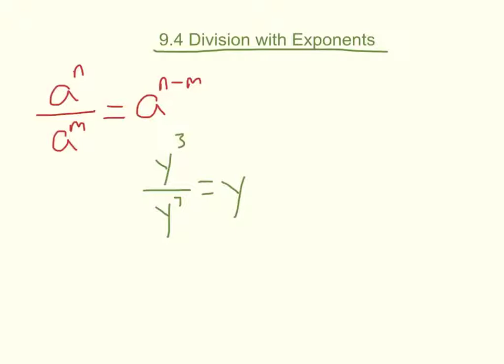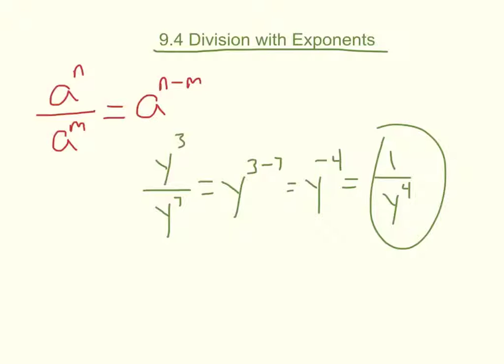So it's the top minus the bottom. I think students take the bigger minus the smaller because they want to end up with a positive number. We've got to stick with the rule here. And 3 minus 7 is negative 4. A lot of students might think they got to stop, but remember what we said about negative exponents. We don't want them. We can still simplify further. That's 1 over y to the 4th. There's the final answer.